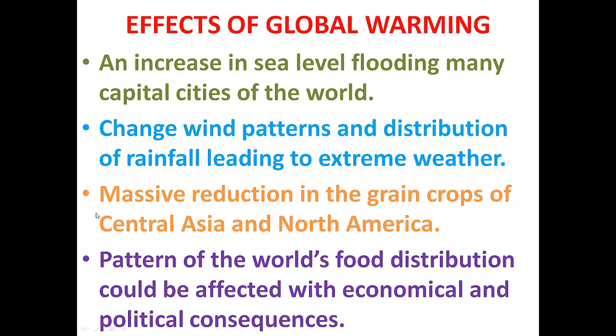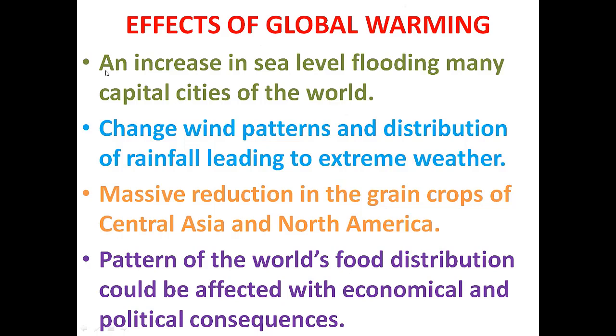Then the third effect may be a massive reduction in the grain crops of Central Asia and North America. Another effect of global warming could be that the pattern of the world's food distribution could be affected, with economic and political consequences. So these are some of the effects of global warming.